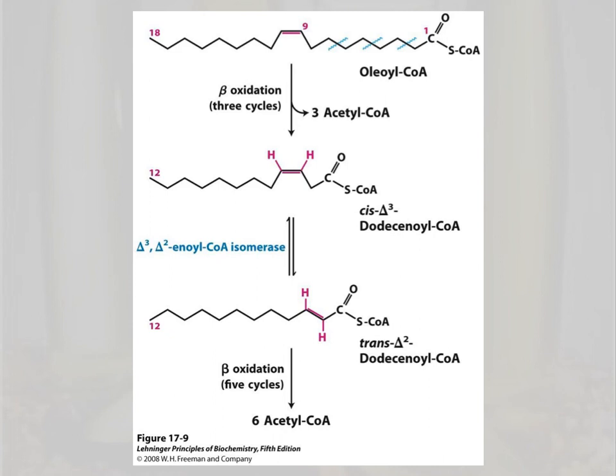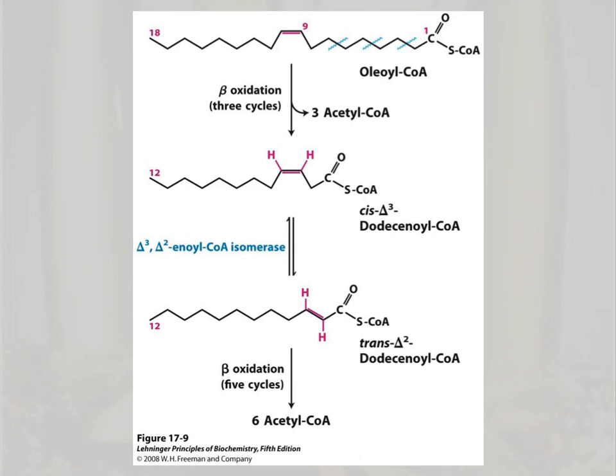But it'll sink in. It's saying delta 3, delta 2, enoyl-CoA isomerase. If you'd said acyl enoyl, delta 3, delta 2, acyl enoyl-CoA isomerase, people would understand what we're talking about as well. The delta 3, delta 2 just shows you the two positions that are being isomerized, being changed.